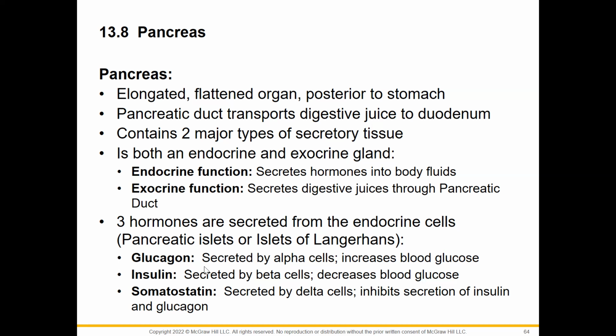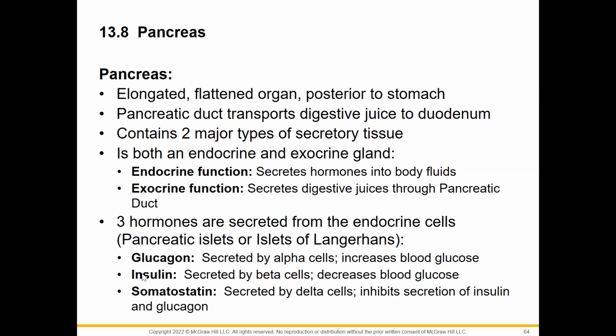Insulin is secreted by beta cells. The job of beta cells is to decrease glucose levels in the blood. So you eat a carbohydrate-rich meal or a sugar-rich meal, your body will notice that change in the internal environment, that increased glucose, and it will stimulate the beta cells of the pancreas to produce insulin.